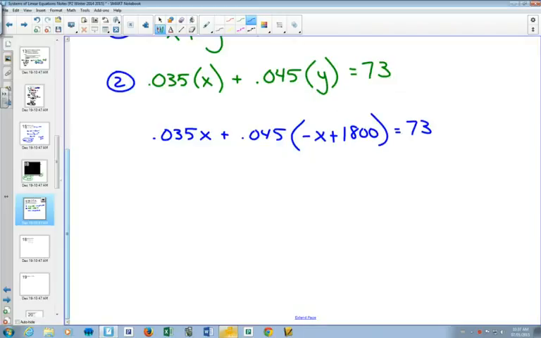We're going to have to distribute 0.045: 0.035 x plus 0.045 times the negative x, minus 0.045 x. And 0.045 times 1,800? $81.